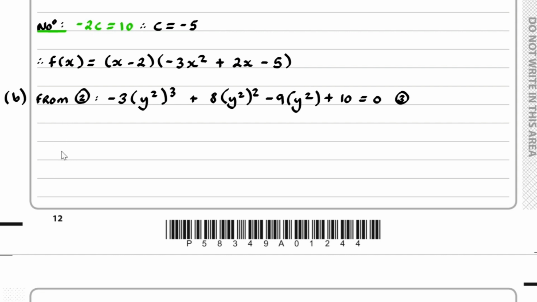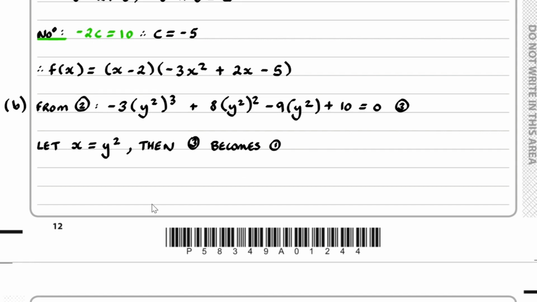So, if we let x equal y squared, then equation 3 would become equation 1.